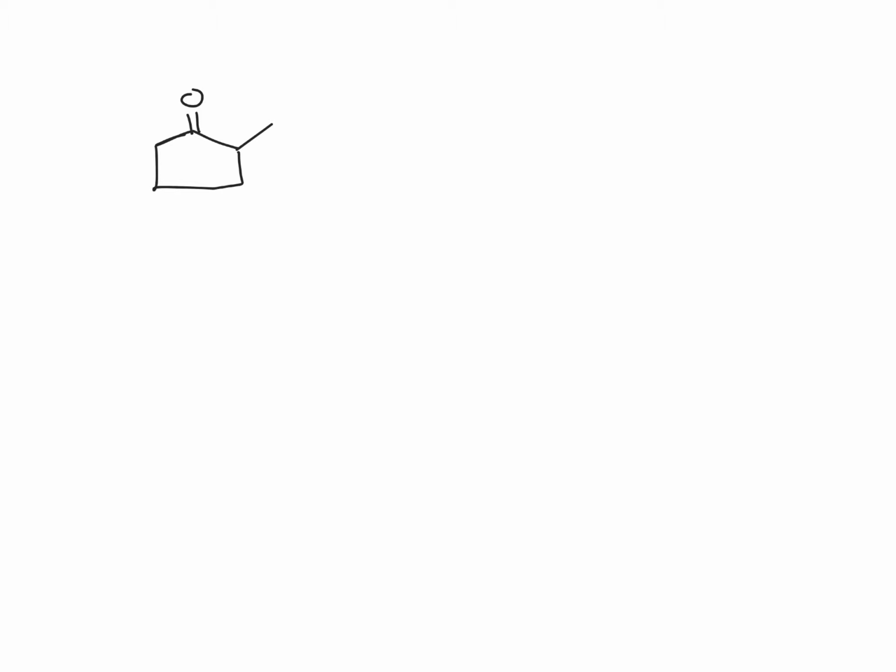So that's the same starting material. And what we're going to do this time is we're going to treat it with LDA again, but we're going to do it at a little bit warmer temperature, and we're not going to use a full 1 equivalent of the LDA.